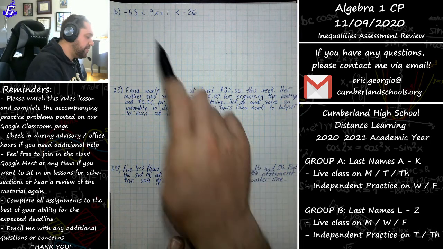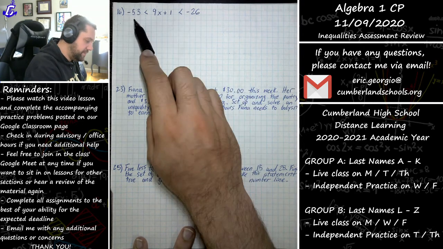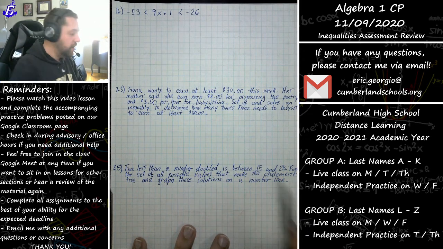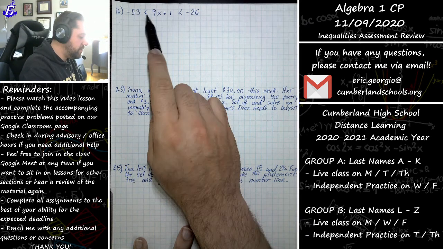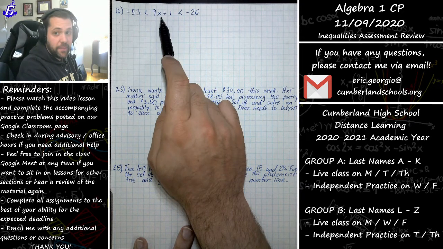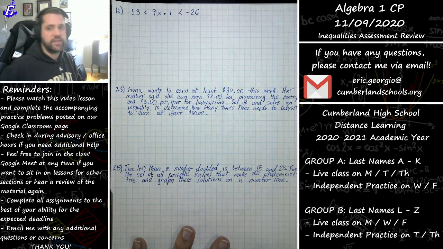The answer to that is the fact that this 9x plus 1 is sandwiched between the negative 53 and the negative 26. So this 9x plus 1 has to be greater than negative 53, and at the same time, this 9x plus 1 has to be less than negative 26.